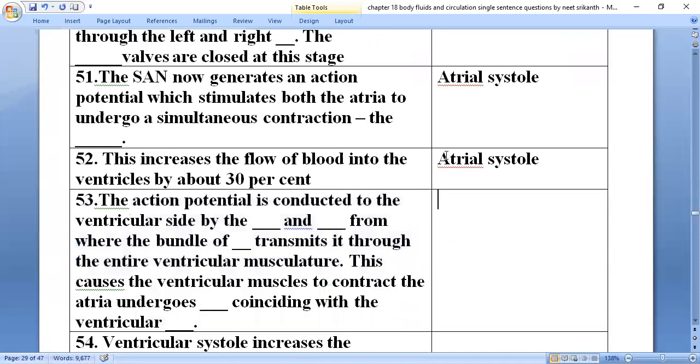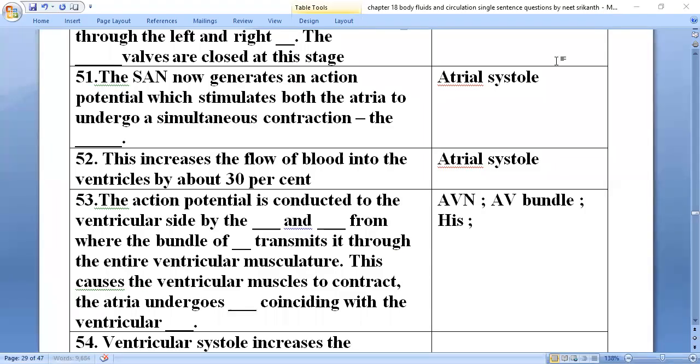The action potential is conducted to the ventricular side by the AVN, atrioventricular node, and AV bundle, from where the bundle of His transmits it through the entire ventricular musculature.